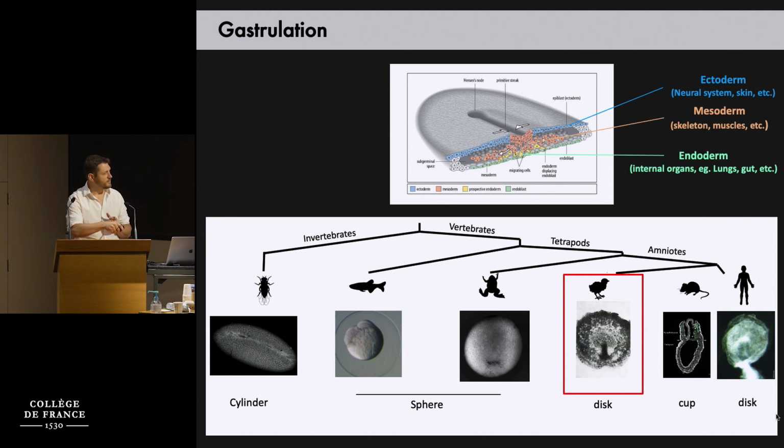You can see it's a flat disc, both in our human embryo and in the chicken or quail embryo, and they also have a primitive streak very much like humans do. Whereas the mouse is considered a mostly derived animal when we talk about gastrulation, because the size is very small and it doesn't develop as a flat disc, but instead as a cup shape. So the process might indeed be very different morphogenetically. So that's one of the reasons.